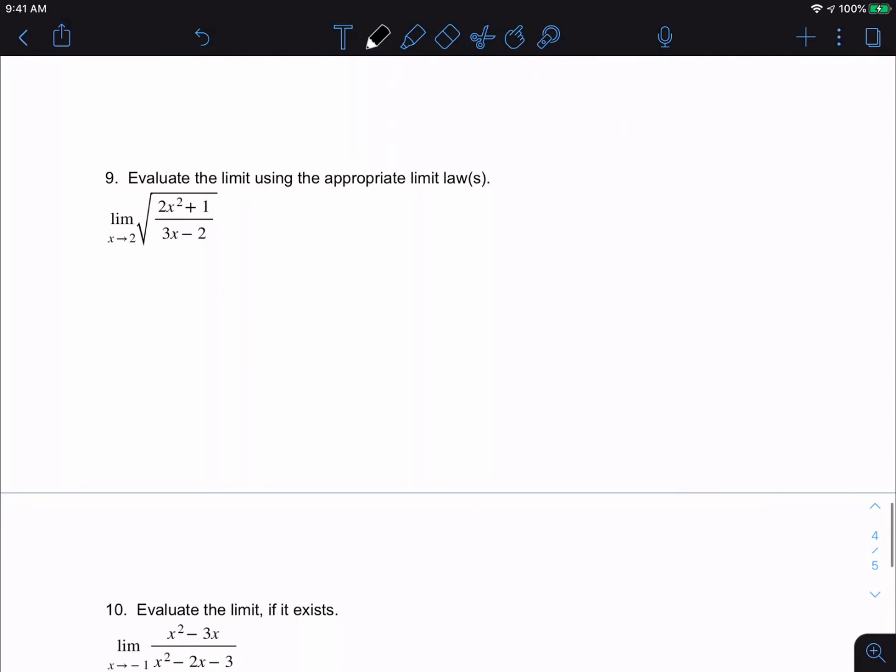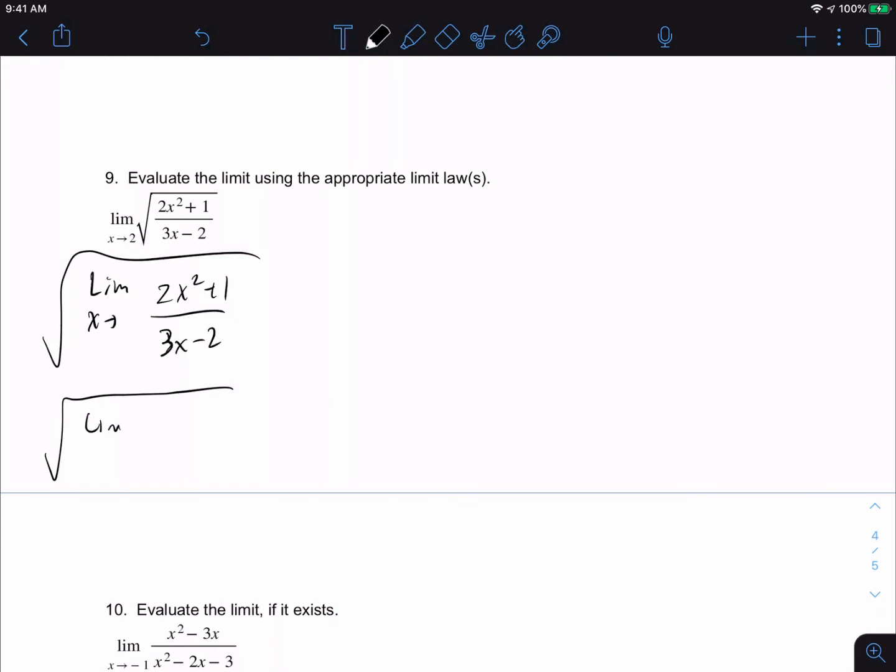All right. So here I'm asking you to use the limit laws. I'm not going to be picky about the limit laws. So really what the limit laws say is that what I can do is go like this, right? And then what I can do is take the limit as x approaches 2 of 2x squared plus 1 over the limit as x goes to 2 of 3x minus 2.